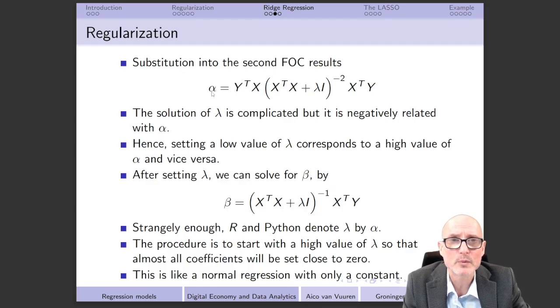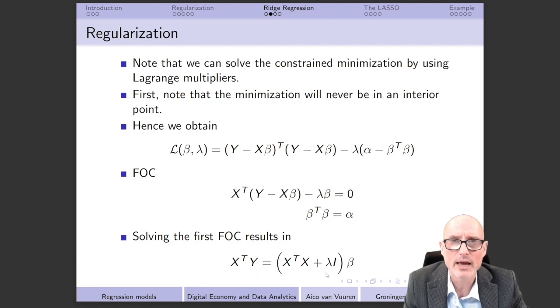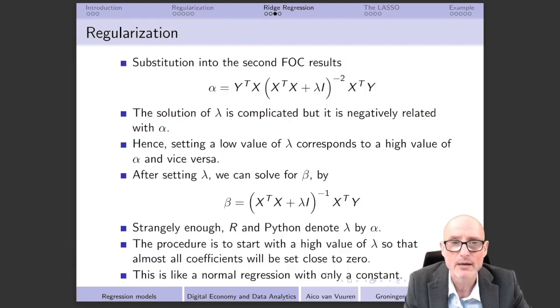So in this ridge regression, instead of first setting alpha and then trying to get lambda, we immediately set lambda by itself. So we simply do this thing that we have over here instead.